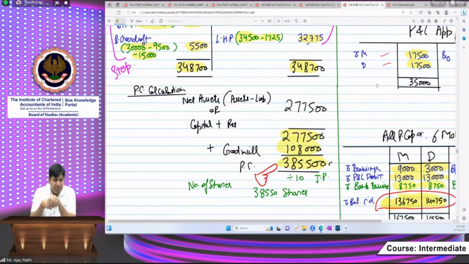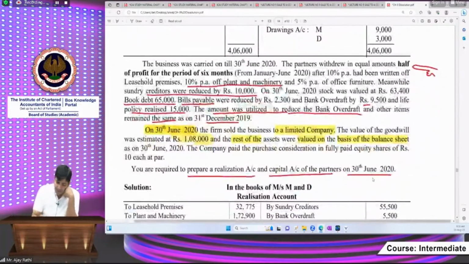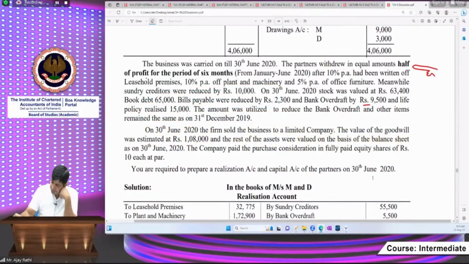And the question is giving us one more thing: the PC has been paid by the purchaser company in equity shares of 10 rupees at par.